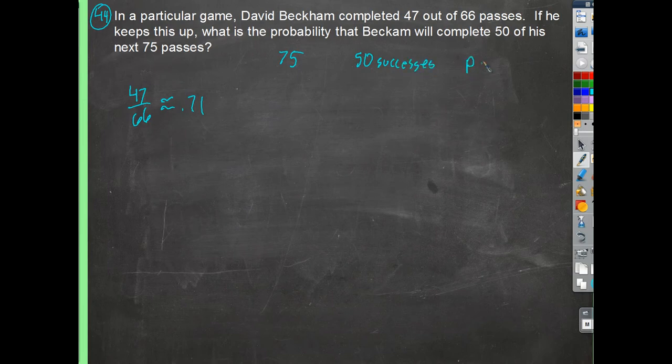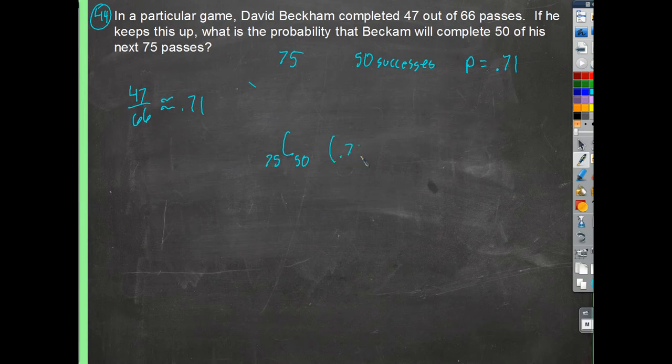P, the probability that he succeeds, we're going to take to be 0.71, because that's what he's shown himself to be able to do in the recent past. So we have 75 trials. We want 50 successes. This is how many ways he can have 50 out of 75 successes: the first 50, the last 50, the middle 50, and every other combination possible.